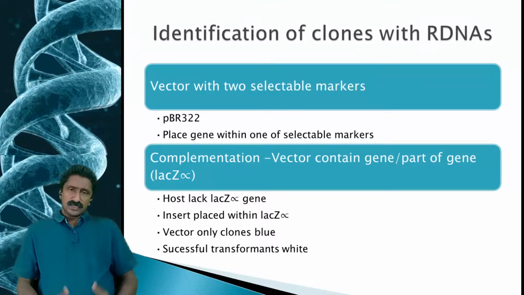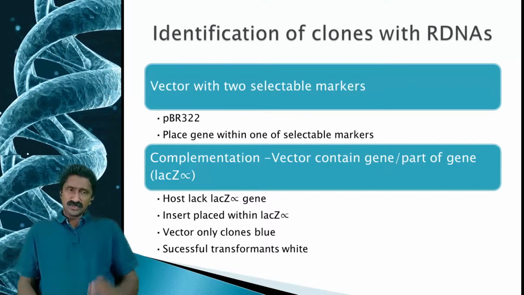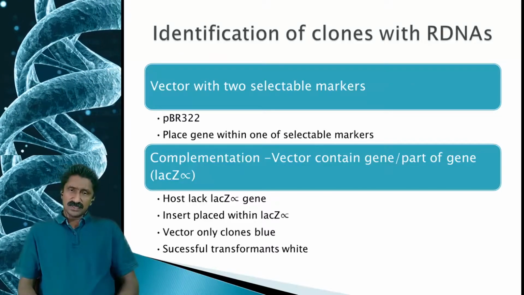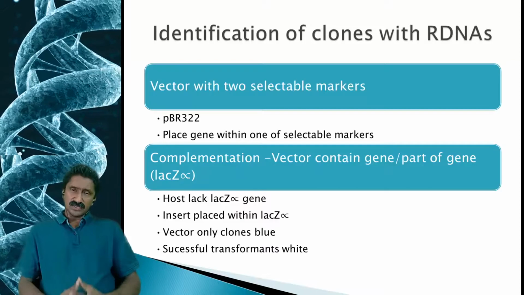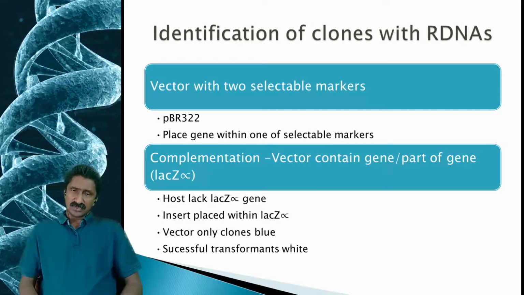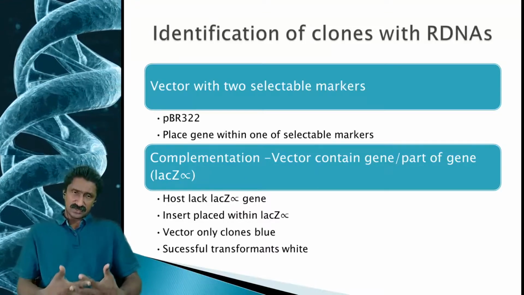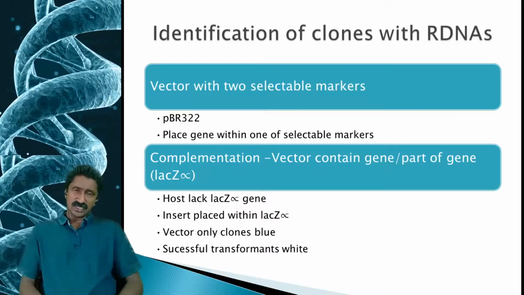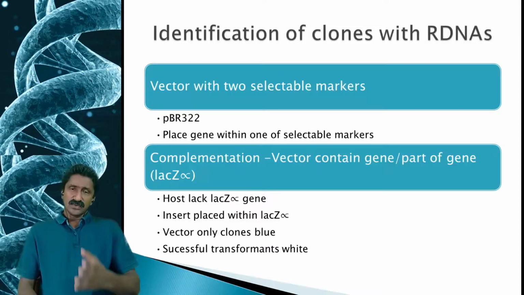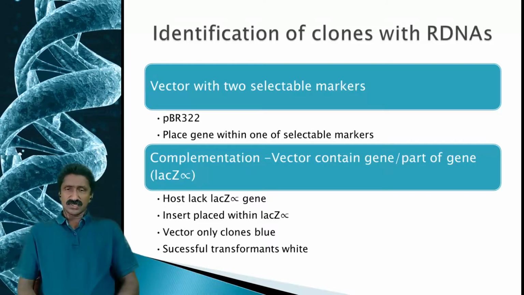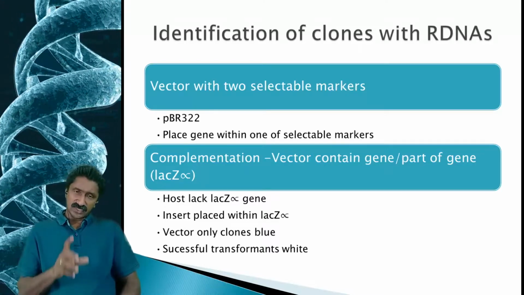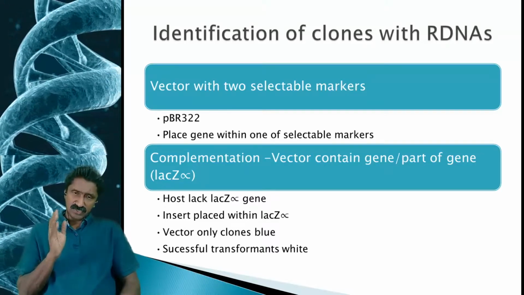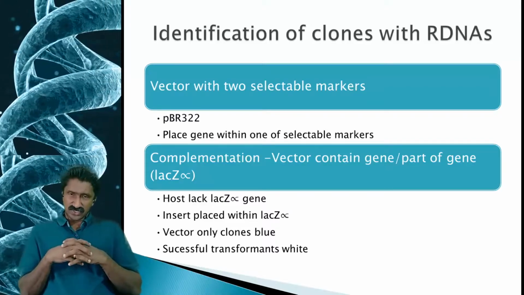So for the identification of the clones with rDNAs, we have a vector with two selectable markers. One is used for selection-based screening. One example I mentioned is pBR322, which contains an ampicillin resistance gene and a tetracycline resistance gene.